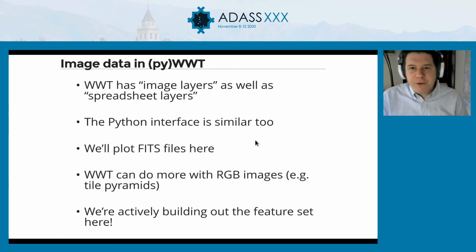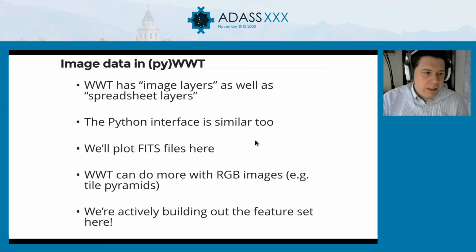So I'll show some operations with FITS files here. Most of what WWT can do, where it's got more functionality, is when it comes to RGB images like JPEGs or PNG files.